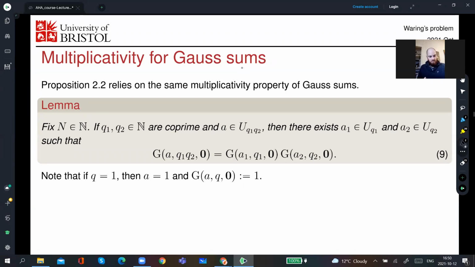Multiplicativity of the Kloosterman sums actually relies on multiplicativity of the Gauss sums.